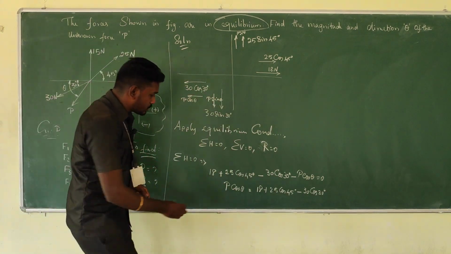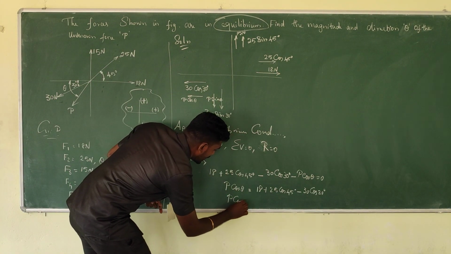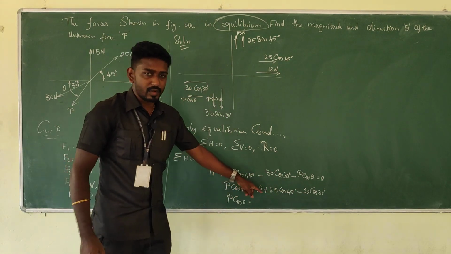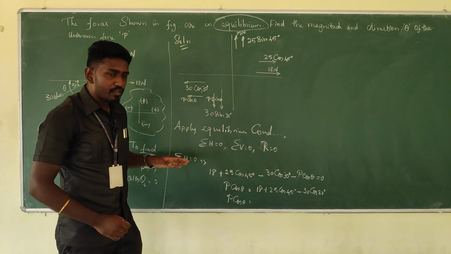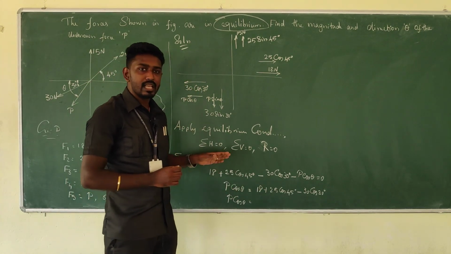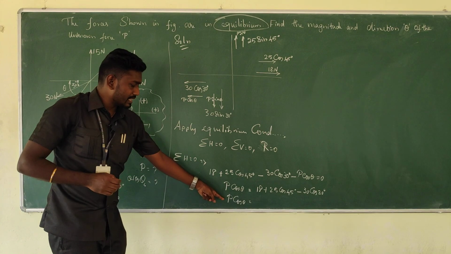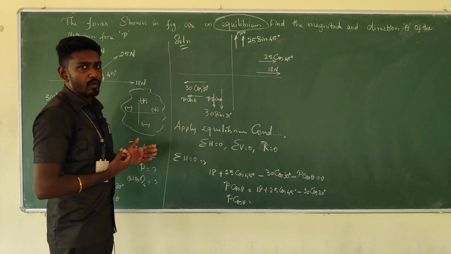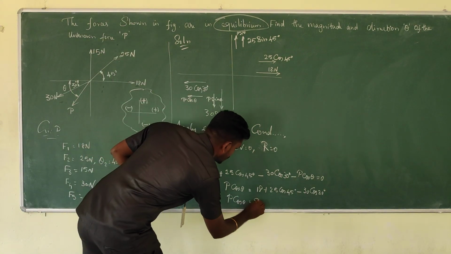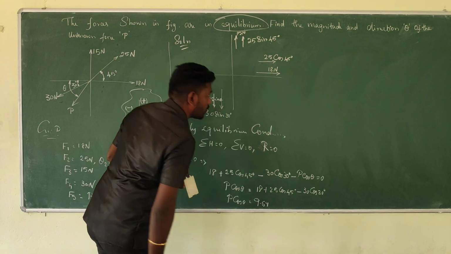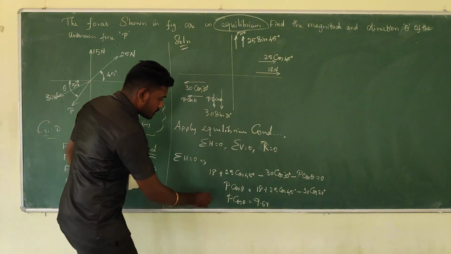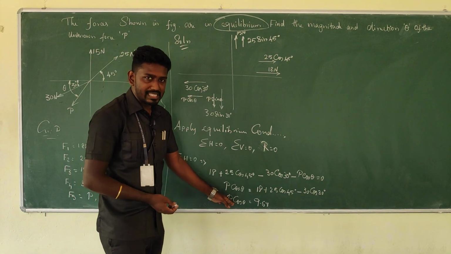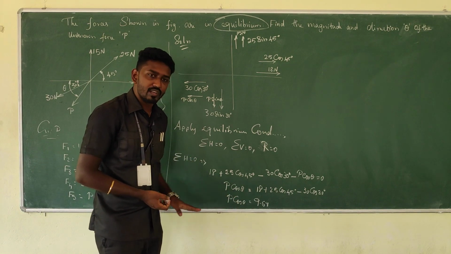If you simplify it by directly feeding it into the calculator, you will get the answer for P cos theta, 9.69. After that we cannot do any simplification since P and theta value is unknown.